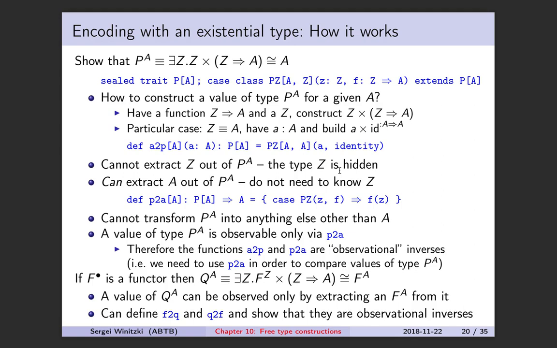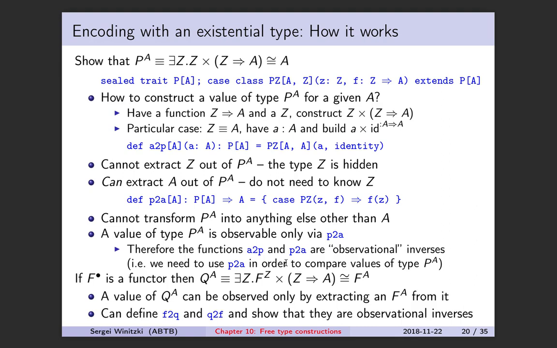So that requires us to compare two different values of type P of A, and we have to do that by applying P to A to both sides, and that's what will again give us identity.